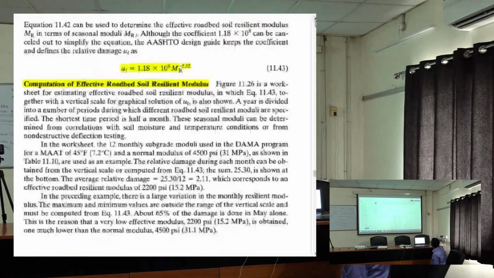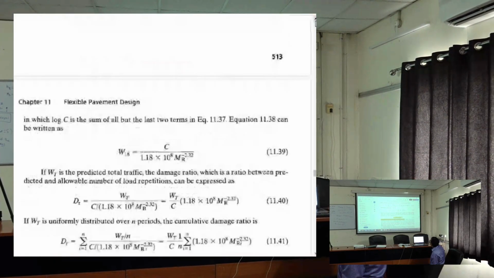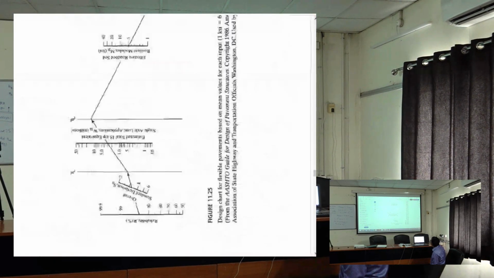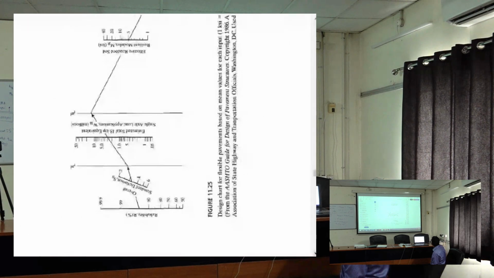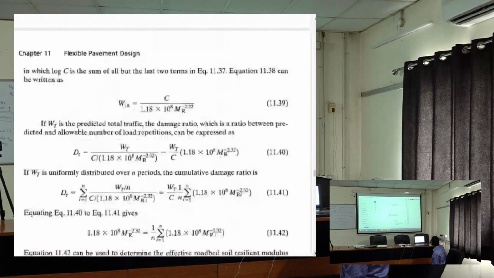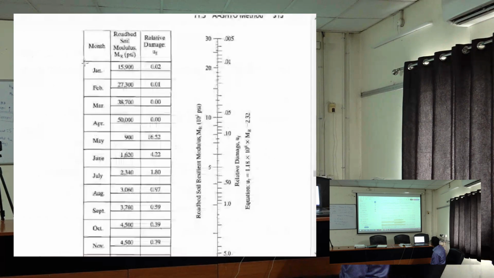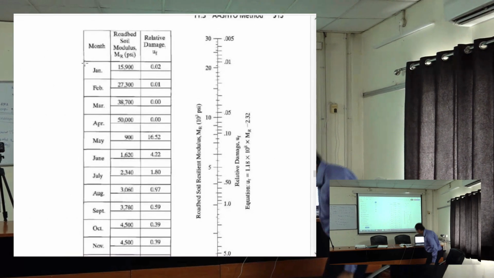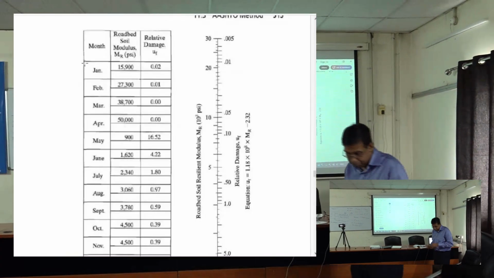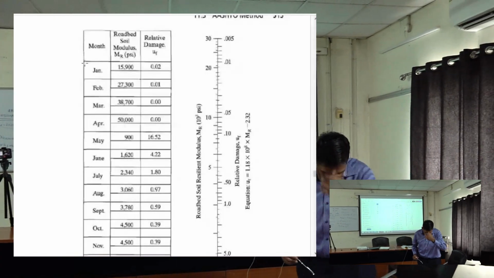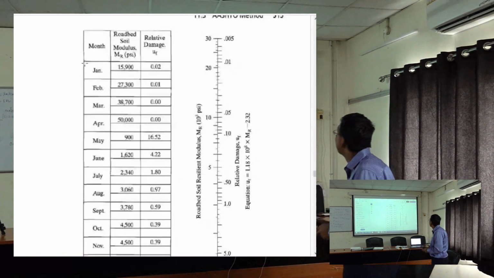All right, now I'm going to cover something called, I already covered this graph, nomograph. I'm going to explain this to you, which is looking at daily annual change in modulus value.